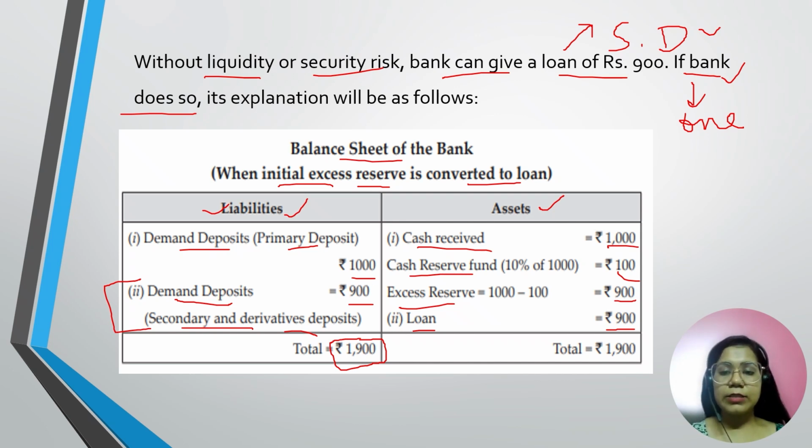So this 1,000, the cash received, plus this 900 gives the total 1,900 rupees. And again, we have a balance between the asset side and the liabilities side. So this is the balance sheet when the bank has given a loan from the excess reserves of 900 rupees.